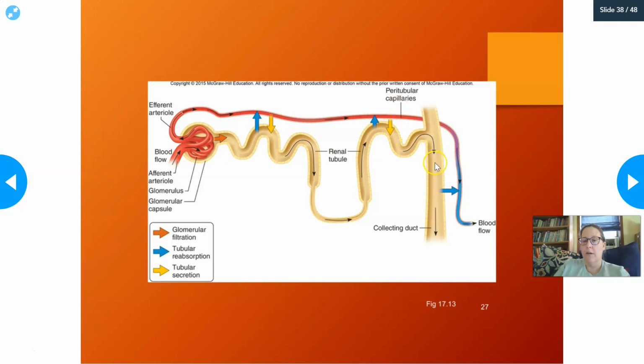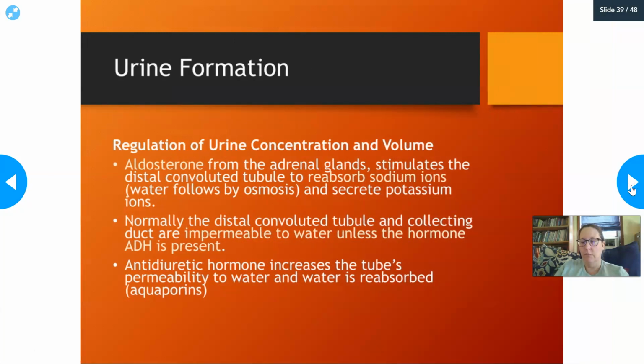And then here there's a last ditch thing that can happen, and that would be reabsorption of water in the collecting duct. And that's the last chance there. And then once it has dripped from the collecting duct into the papillae, you can't do anything to it. It's urine, no more reabsorption and stuff.